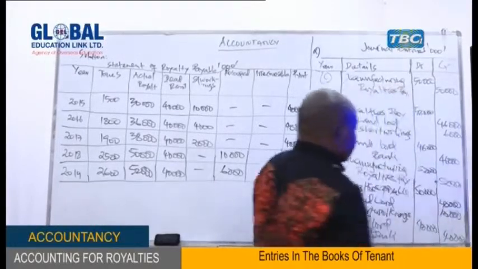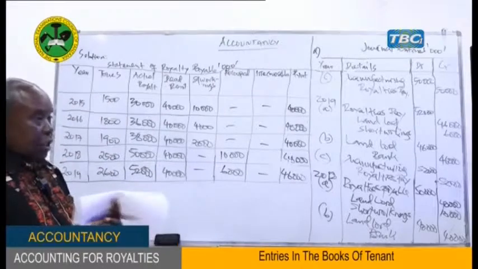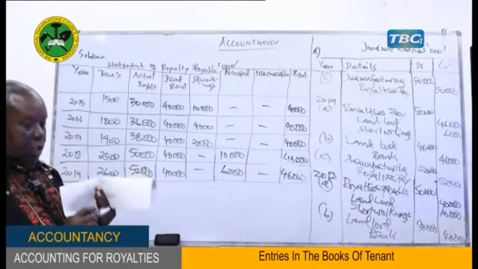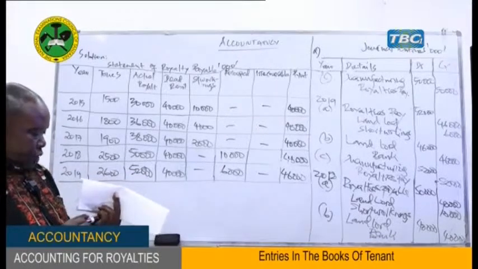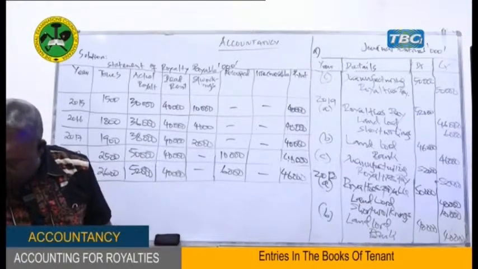So we are through with the journal entries. Now we take these journal entries into recording into the ledger accounts. So let's now open the ledger accounts.